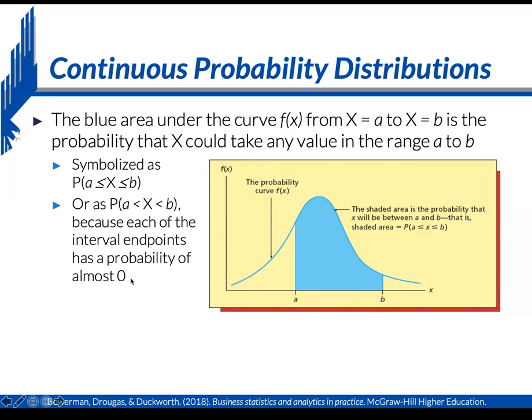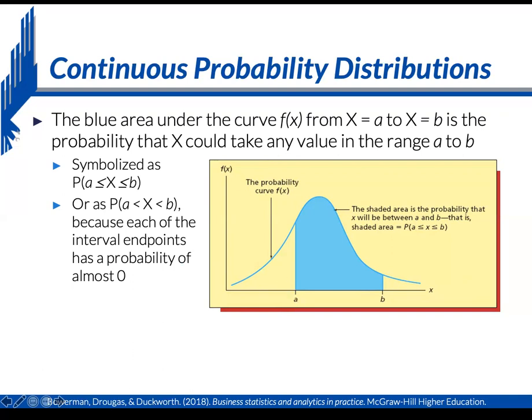So it's not equal to 0, because if it's equal to 0, it means that it's impossible to happen. But we know that it's possible. It's just that the probability is very, very low, since this is one very specific value out of infinite possible values. So the probability that x will be equal to any specific value is almost 0. It's not 0, but it's almost 0.